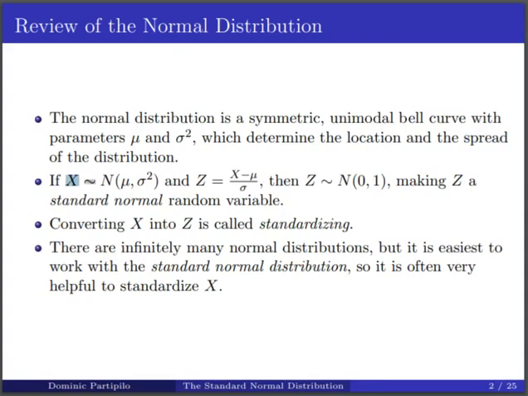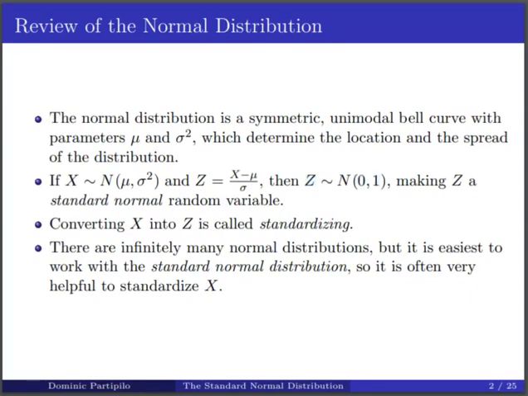So if x follows a normal distribution with mean mu and variance sigma squared, then we determined that we could standardize x by subtracting its mean and dividing by its standard deviation, and that'll give us z. And we determined that z is then going to have a mean of 0 and a variance of 1.